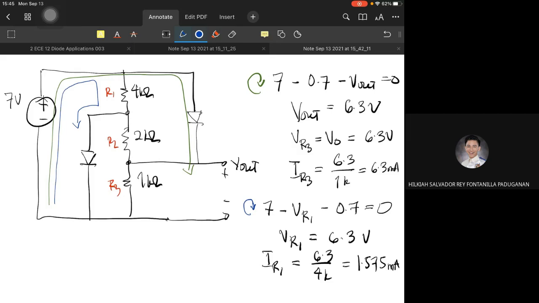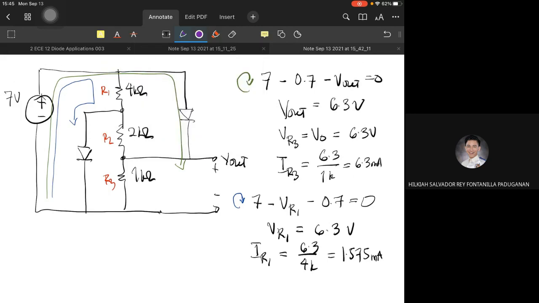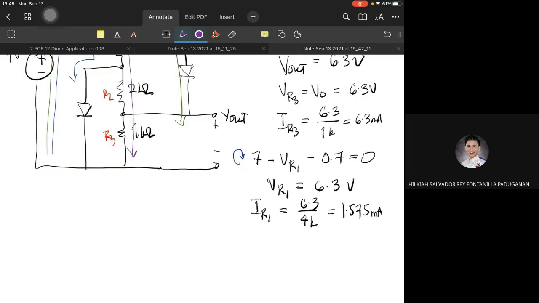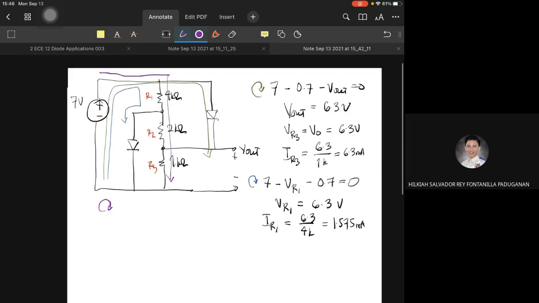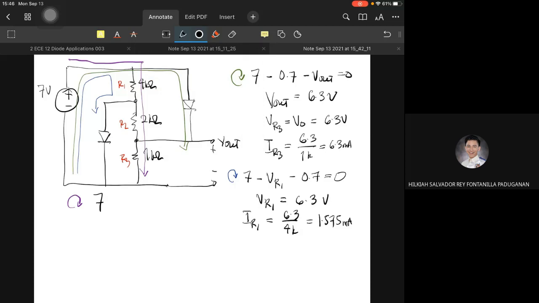VR2 is also here, this one. Applying KVL: 7 minus VR1, which is 6.3, minus VR2, minus 6.3, equal to 0.